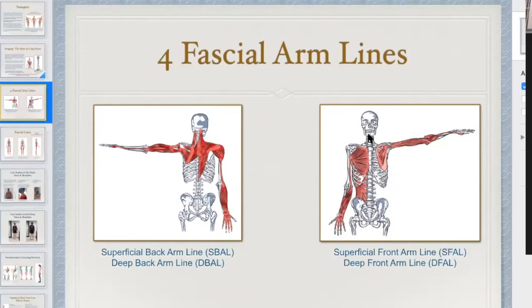But I know some of you are needling those points or other points and you're not getting results simply because you're not getting your depth right and you're not getting your angle right. But when you understand the anatomy and the muscles that are there, you're going to get your angles and depth right. And you're not going to have to memorize it. It's just going to make sense.